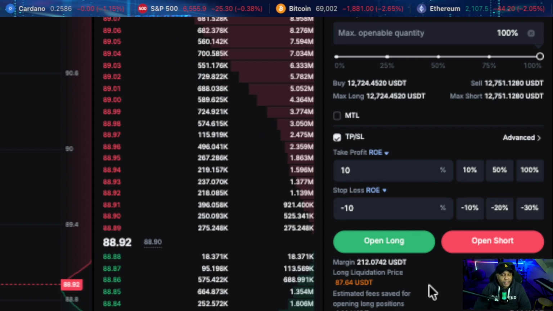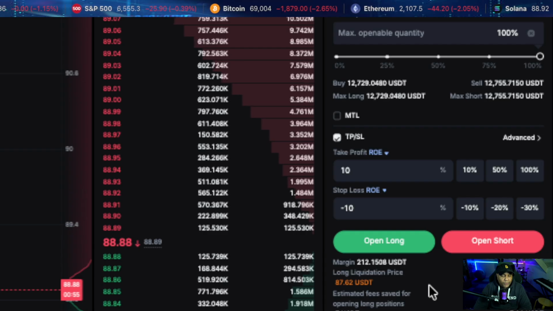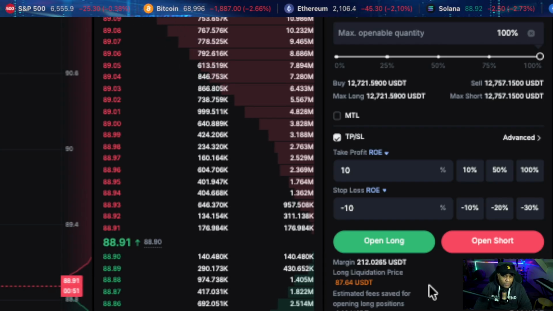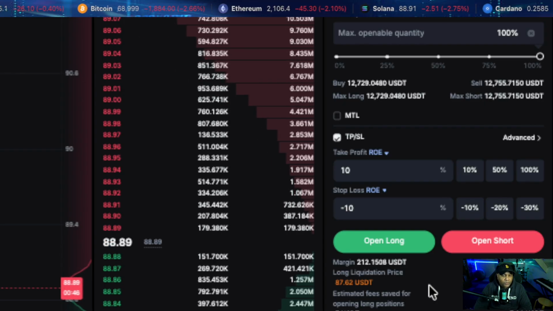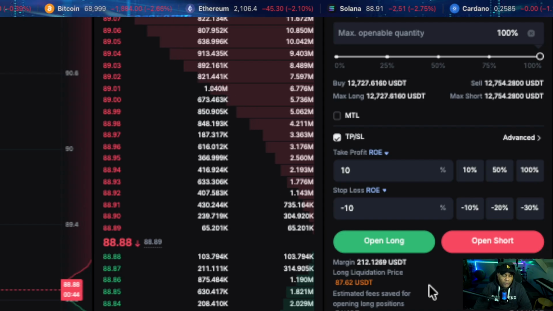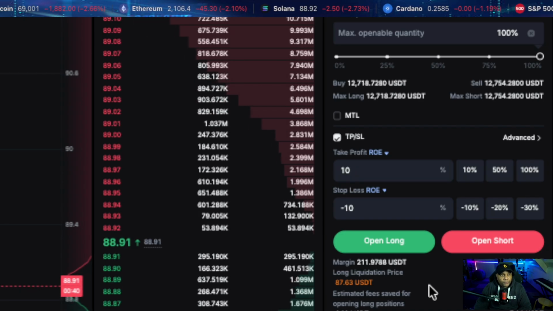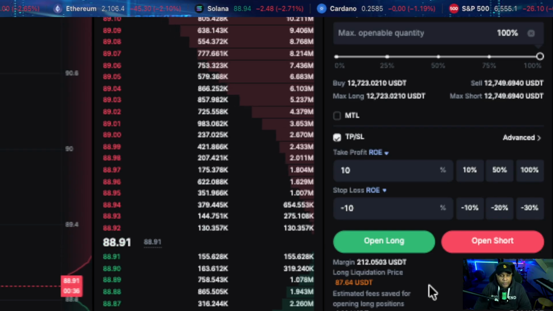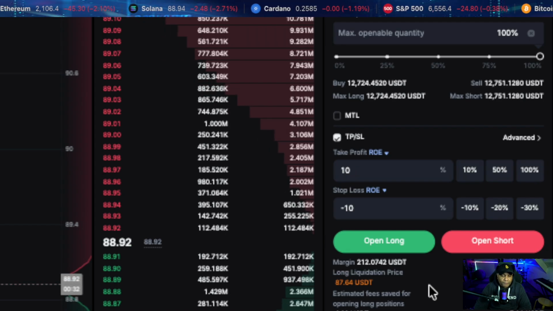Both ways you can make gains if the price goes in the direction where you're expecting it to go. So for example, if you open a long and you're expecting the price to go up, but the price starts to go down, you start to lose money. And if the price goes down a lot, you can lose all your money that you've added to that trade.